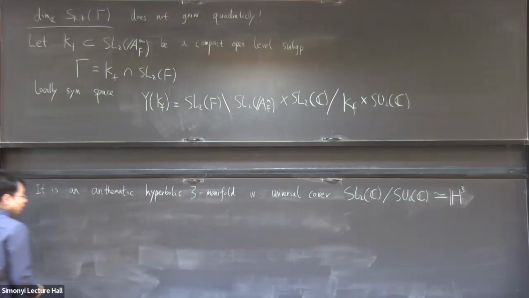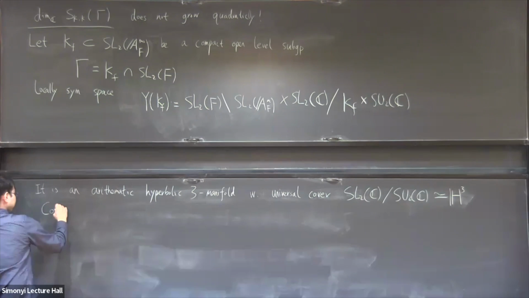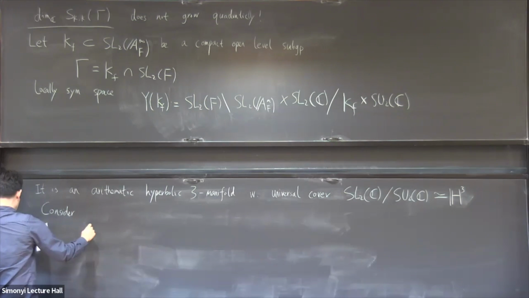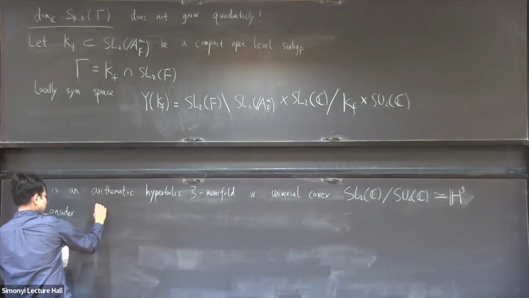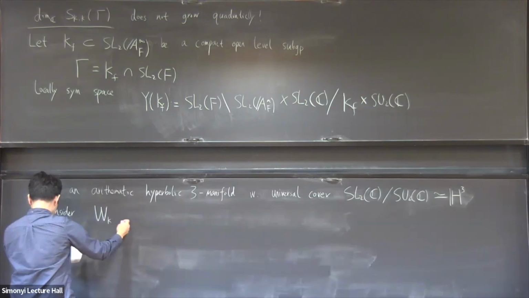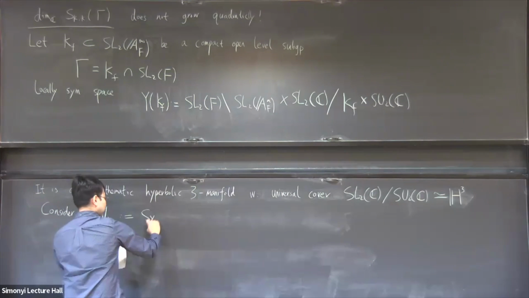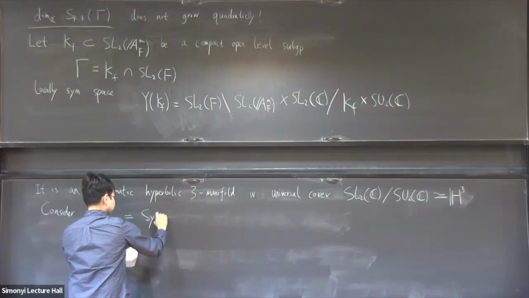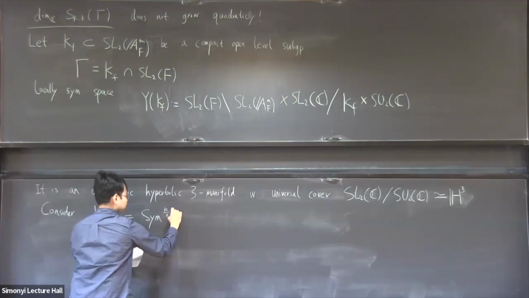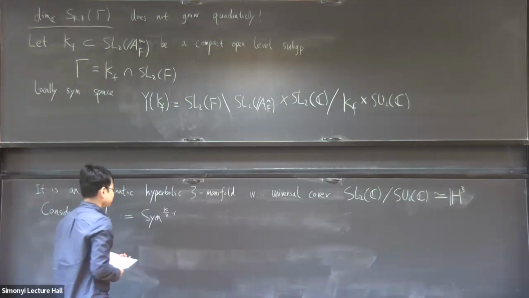Now we consider a representation of SL2(C), which I denote as W_K. I forgot to say that K is an even integer.